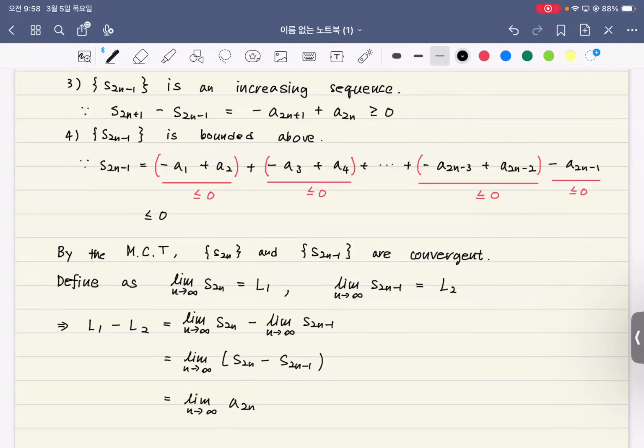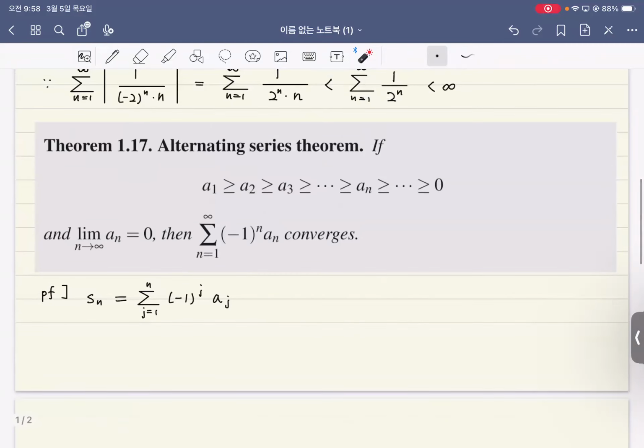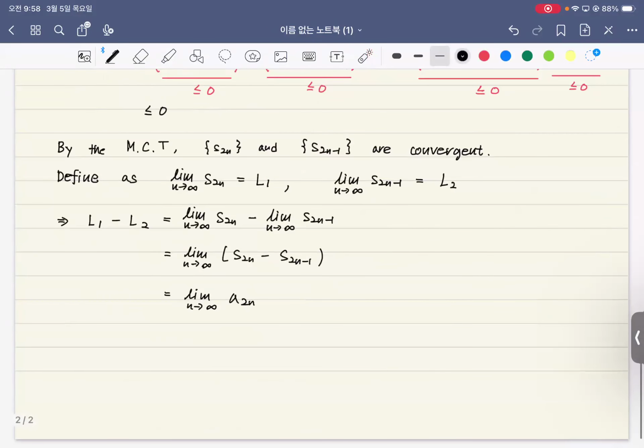And now it is time to make use of this last assumption. Since this guy is tending to 0, this guy also should be 0, right?